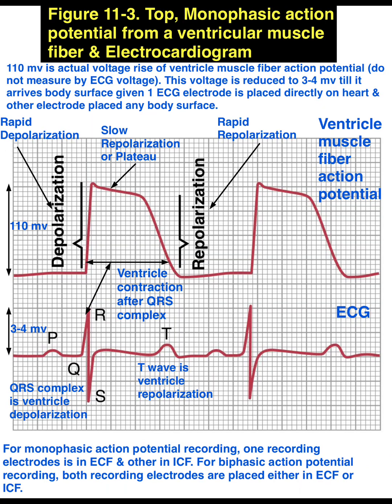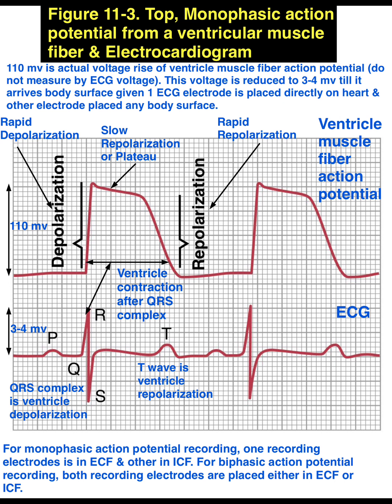In this figure, the monophasic action potential of a ventricular muscle fiber has been compared to the electrocardiogram or ECG. EKG paper calibration applies only to the ECG, but does not apply to the ventricular muscle fiber action potential.